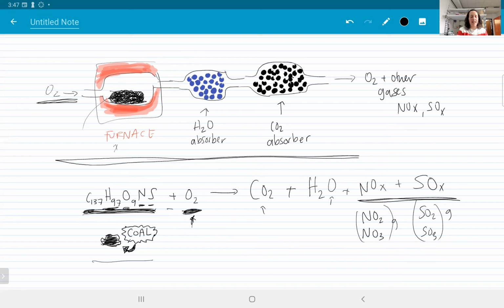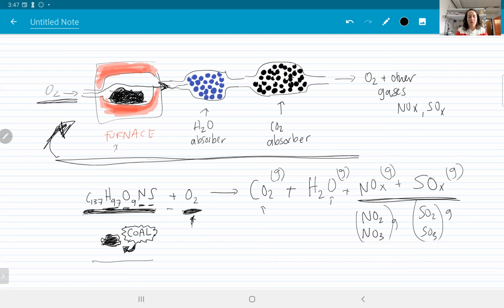In our apparatus up here, we've got our furnace with our coal in it. It's heating it up really hot, and eventually the coal starts to combust. The oxygen that passes through carries away some of our gaseous products: the carbon dioxide, the water, the NOx, and the SOx.